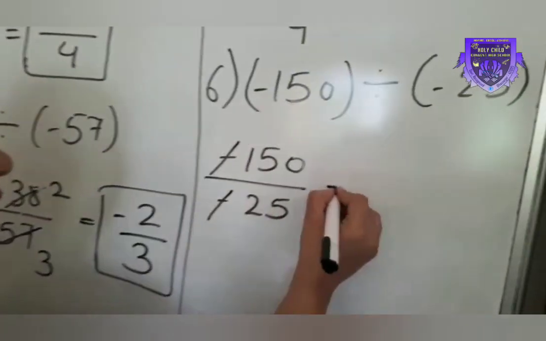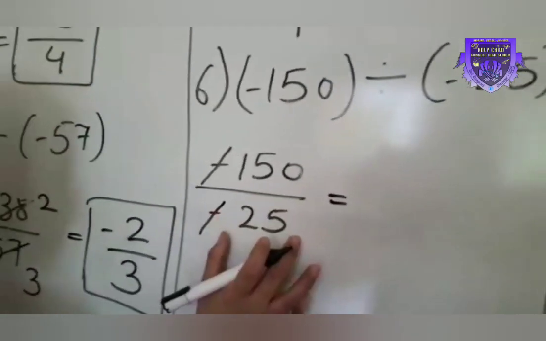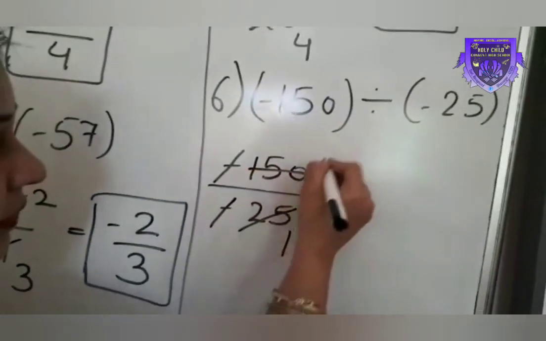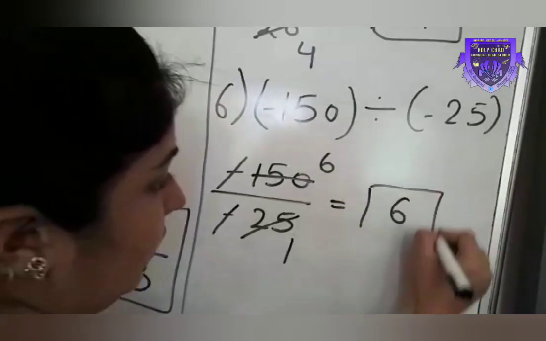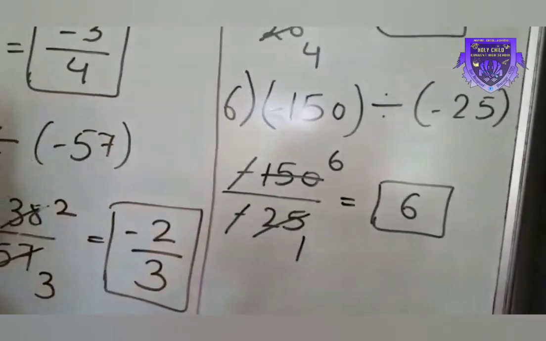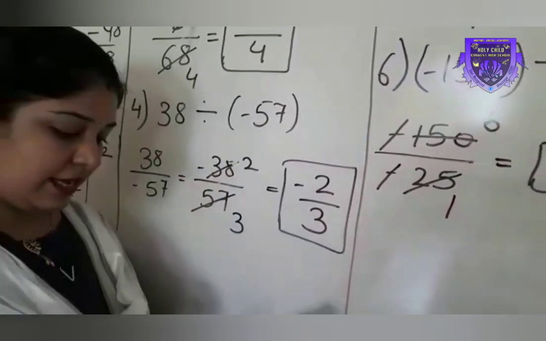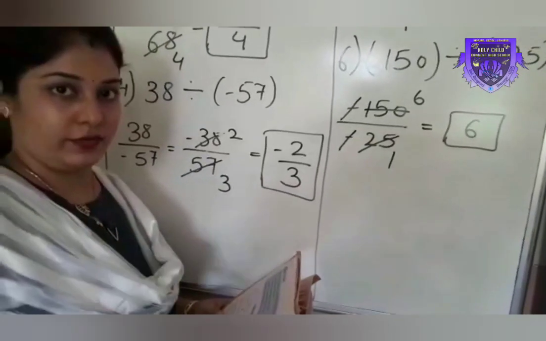Okay. Now we will remain with 150 divided by 25. Does 150 come in the table of 25? Yes. 25 ones are 25, 25 sixes are 150. So our answer is only 6. Understood? Now the remaining 7th, 8th, 9th and 10th sums you have to do by yourself.